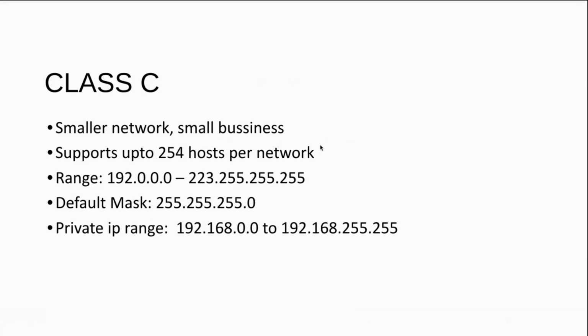Example: 2001:0DB8:85A3:0000:0000:8A2E:0370:7334. This is an example of an IPv6 address, which is hexadecimal, including alphabets and numerals. In this, the repeating zeros can be replaced with a double colon.